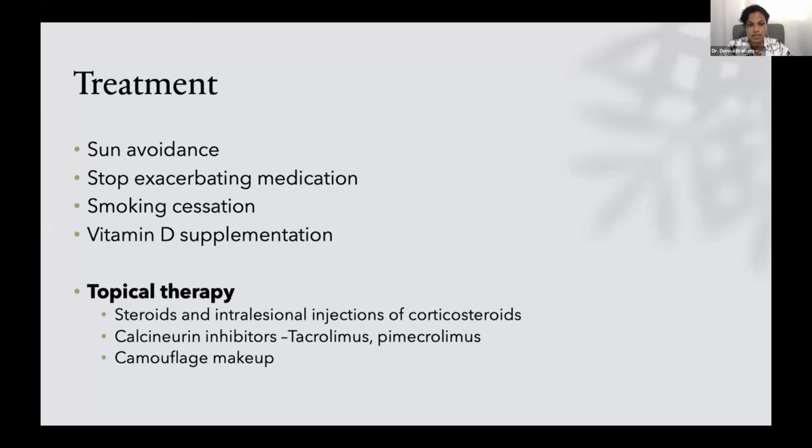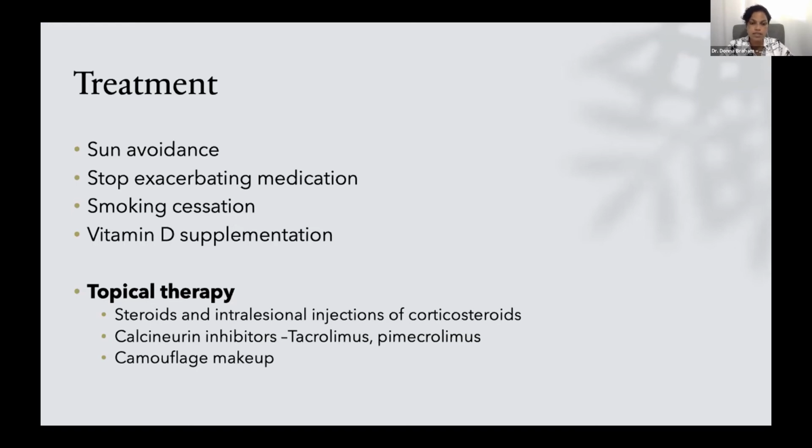Smoking cessation is extremely important, as we discussed earlier, that it makes the course much more severe, as well as the patients tend not to respond to the antimalarials as well once they are smoking. Vitamin D supplementation is also quite useful for everyone and anyone who is doing sun avoidance, as well as it has also been shown to improve the course in these patients.